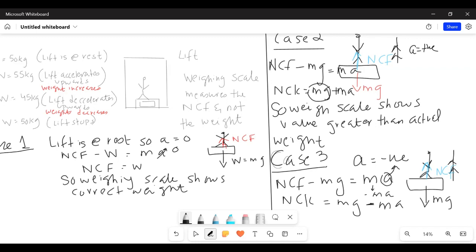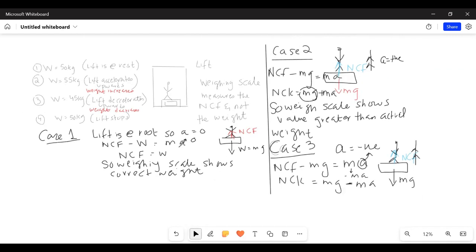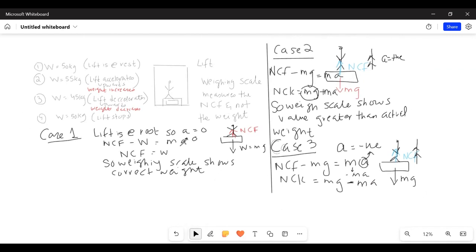So that's why the weighing scale shows you a value that's actually smaller than the weight. This is the weight, but you have to subtract ma from it, the mass and the deceleration.